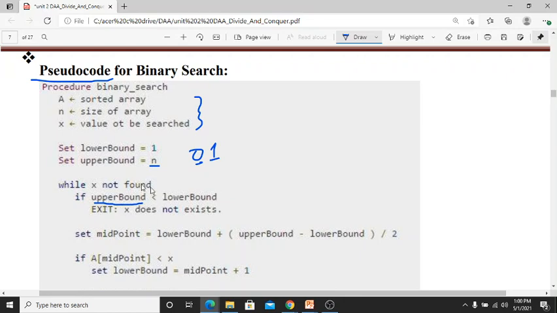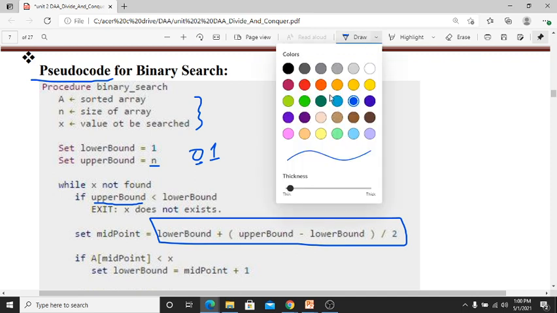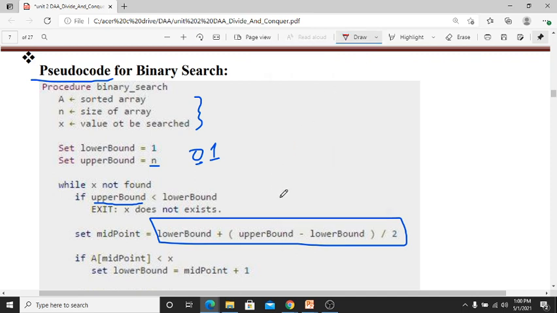If it is not, what will it perform? Set midpoint, the mid value, equal to lower bound plus upper bound divided by 2.